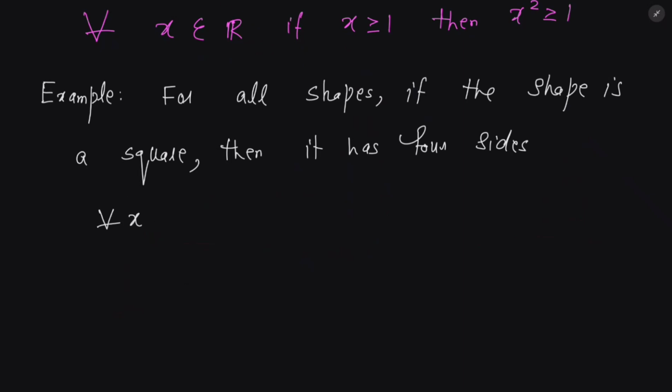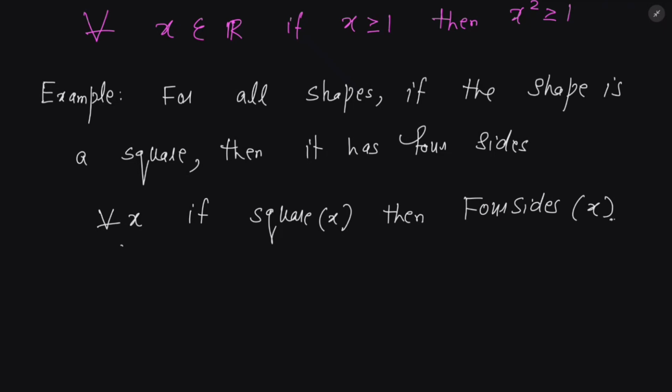For all x, if x is a square, then x has four sides. Here x is the shapes.